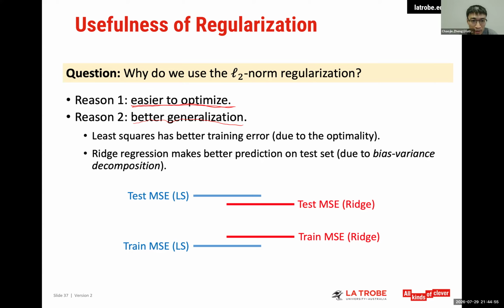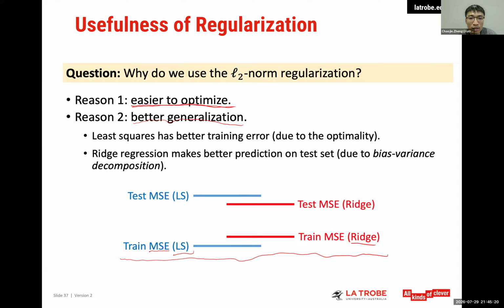If we visualize their relationship, for least square regression, the training error, that is the mean squared error, will be the lowest in comparison with the training error of ridge regression.